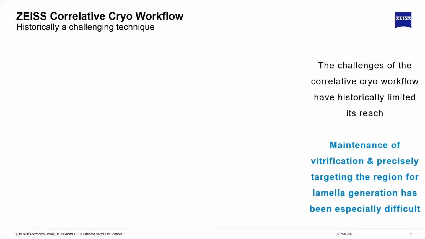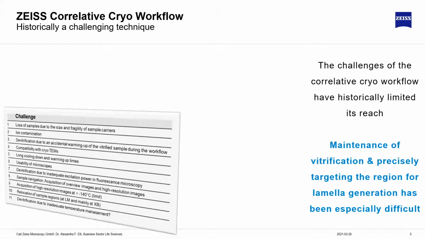Generating cryo samples that are of the right thickness and quality and contain the molecule you are interested in imaging has historically been a challenge. And this is the main reason that until recently, this approach has been limited to a small number of researchers globally.